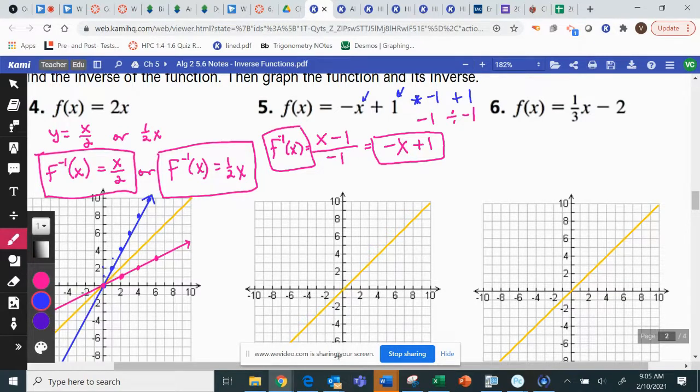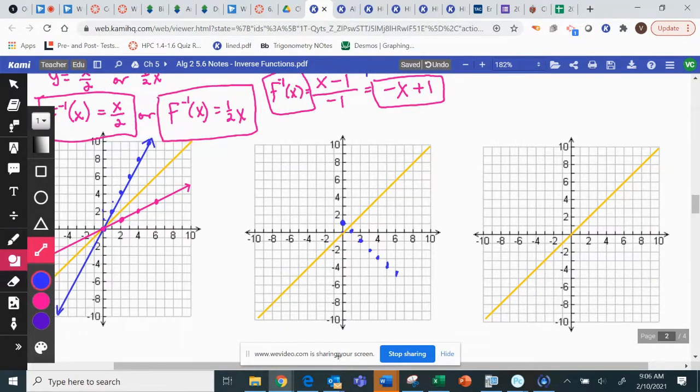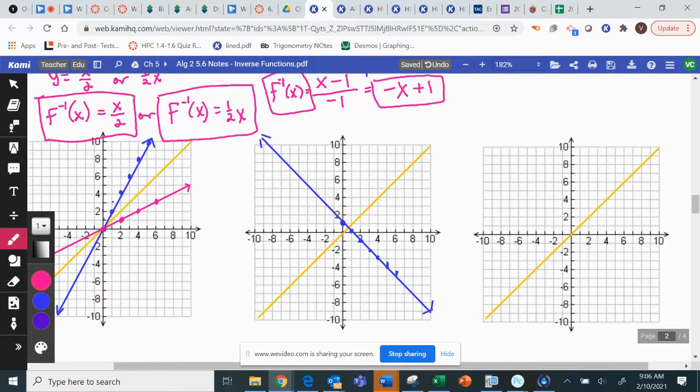I'll graph it in blue. Start at +1 on the y, and then our slope is down 1 over 1. So down 1 right, down 1 right, down 1 right, down 1 right, down 1 right. Okay, and then I'm going to switch my ordered pairs.